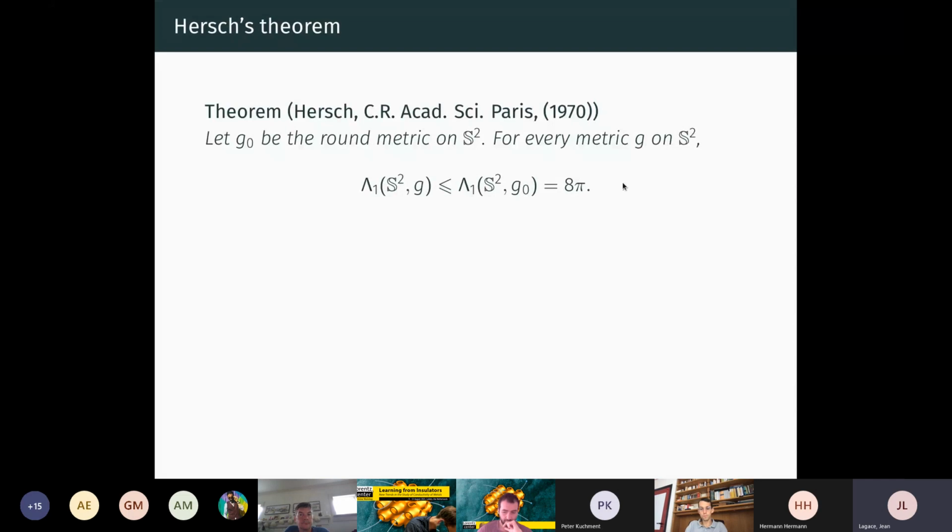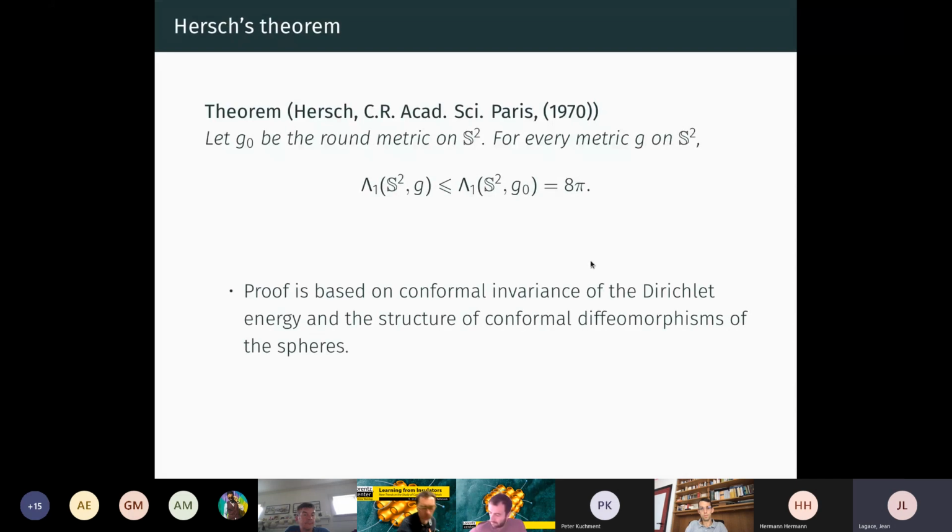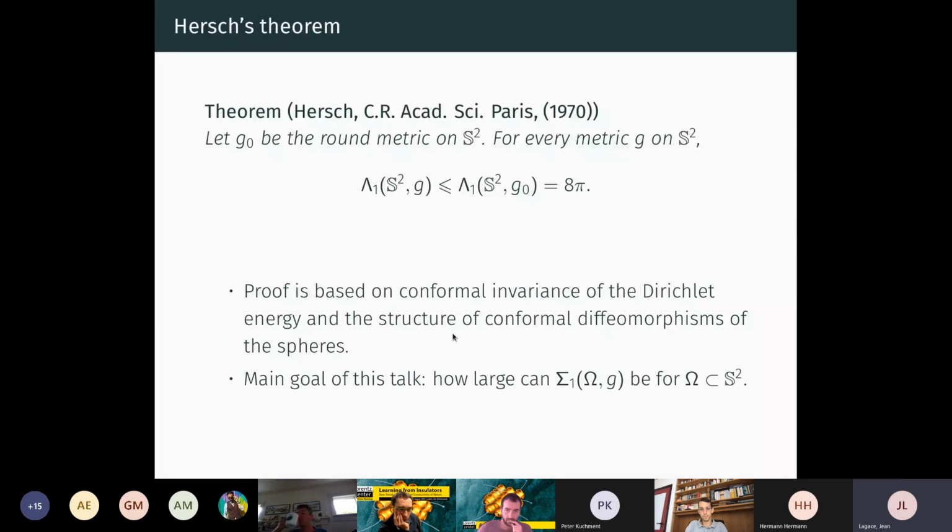This will come back in the future, also this value of 8 pi. The proof here is based on conformal invariance of the Dirichlet energy and the structure of conformal diffeomorphisms of the sphere. And the main goal of this talk will be how large can capital sigma 1 be for omega in the sphere. We will also answer it in a way for other surfaces as well, but the sphere will be our main objective here.